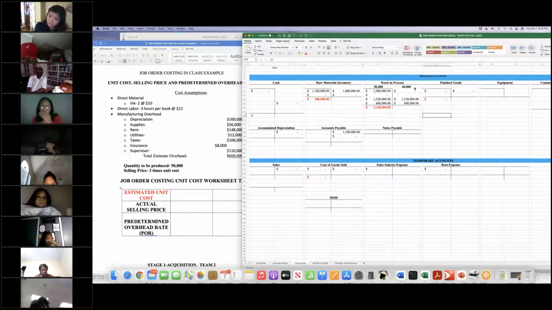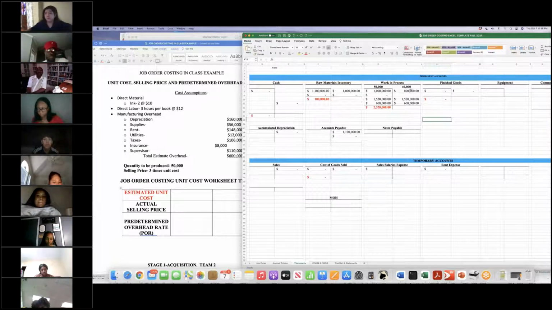So we're going to take 40,000 out of 50,000 complete, which is about 80%. For the ink cartridges, we're not going to transfer out all the costs. Those ink cartridges will stay for production the next time.